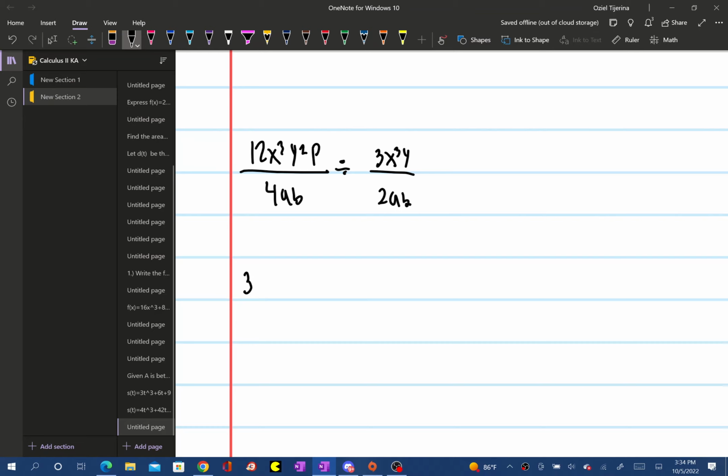because if I do that, 4 times 3 over 4, and then it's like AB, and it's like x cubed y squared p. I mean, you can do that, but... So we have 3x cubed y squared p over AB, and then divided by 3x cubed y over 2ab.